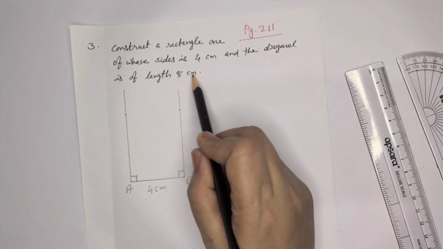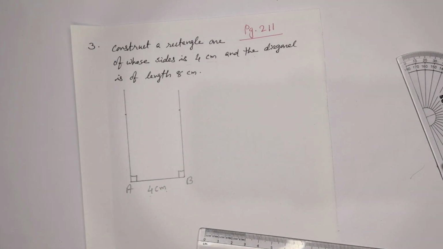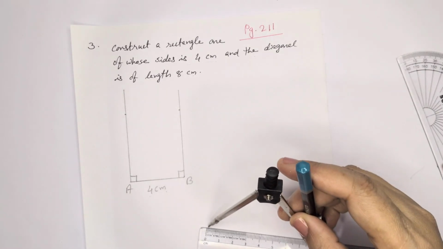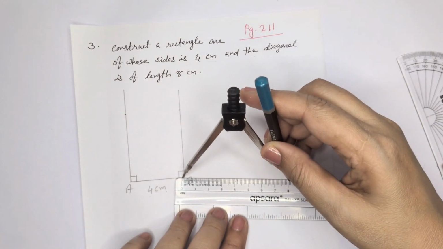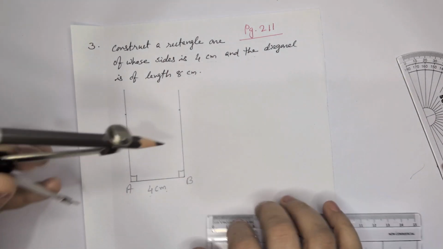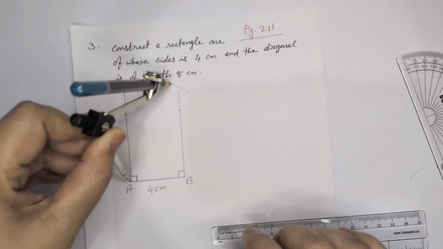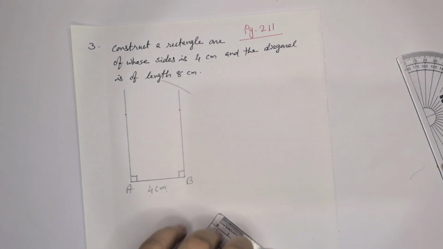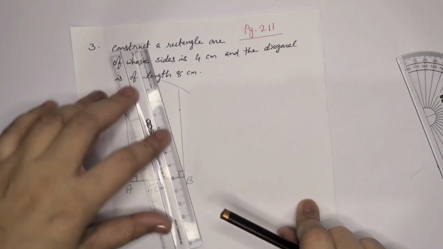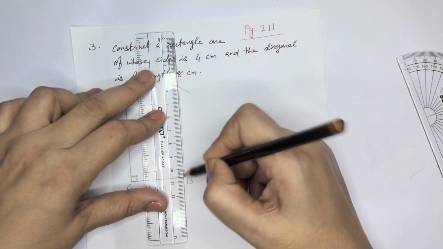Again the diagonal of length 8 centimeter. So take 8 centimeter in a compass, and from the point A, mark an arc. We can see that the arc will intersect that line if we extend it a little more.